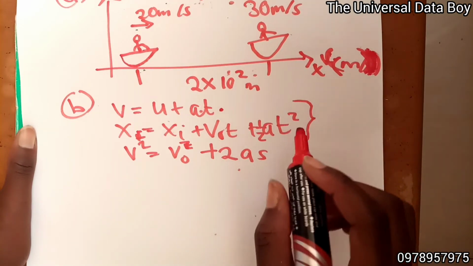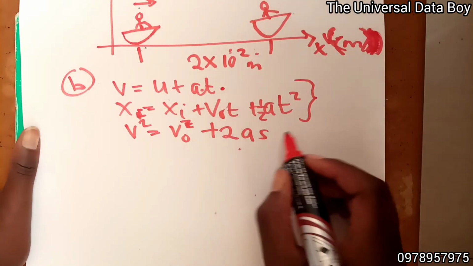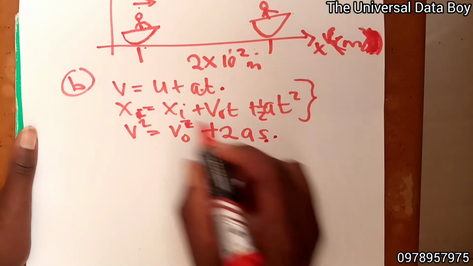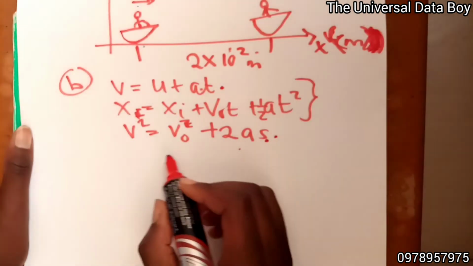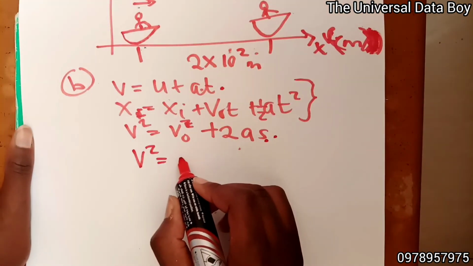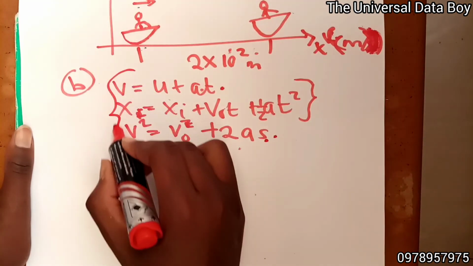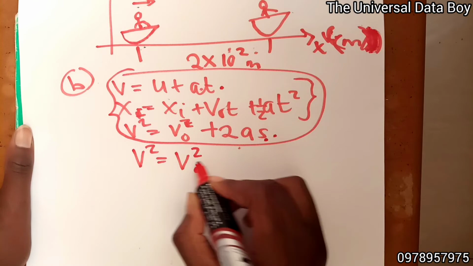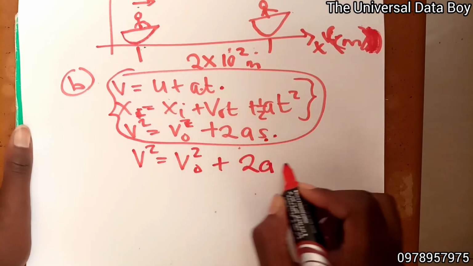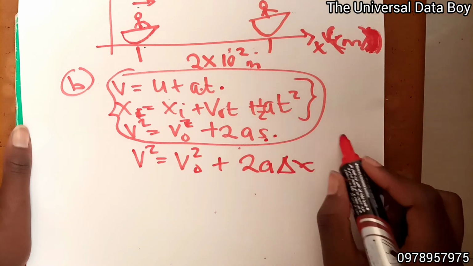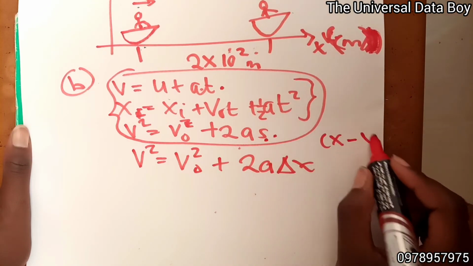When you look at this last one, it has acceleration, it doesn't have time, and it has the distance, which we have. So v squared is equal to v naught squared plus 2a s. Some can say s as delta x, which is the same as x minus x initial.